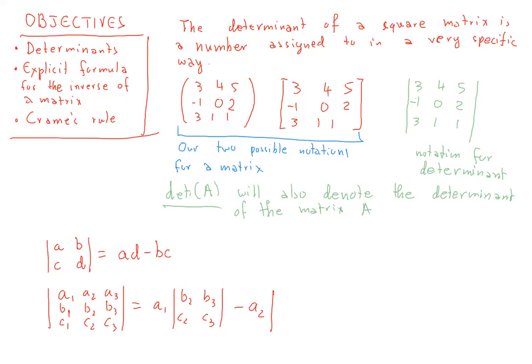So you delete the row and the column that contain A2, and what do you get? B1, B3, C1, C3. I remind you that this is how we were computing the cross product. And finally, plus A3 times the determinant that you get by deleting the row and the column that contain A3. So that would be B1, B2, C1, C2.